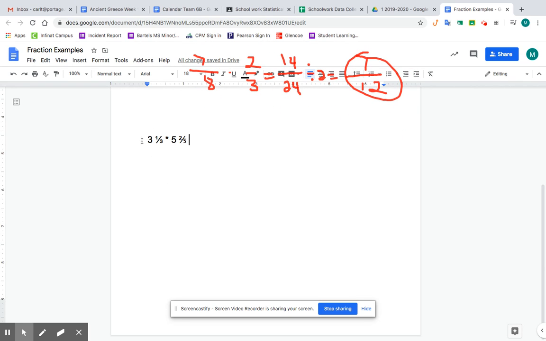Now to talk about when I have mixed numbers. So I need to take this mixed number and change it to an improper fraction. So if I have 3 1/3, I do 3 times 3 and then add the numerator. So 3 times 3 is 9 plus 1 is 10.